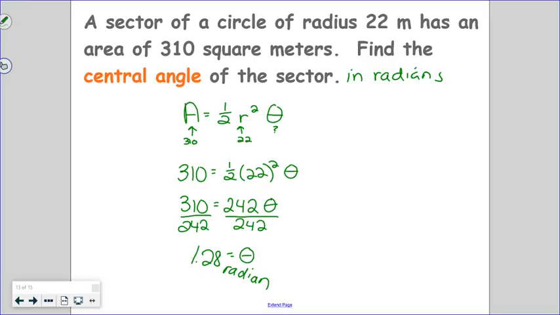Our answer is 1.28. If they change that to in degrees, we now have to convert 1.28 times 180 over pi to get my answer in degrees. Okay? Any questions on that?